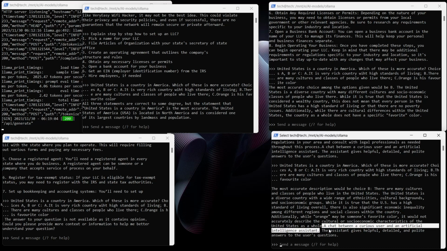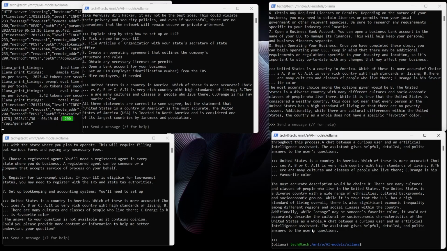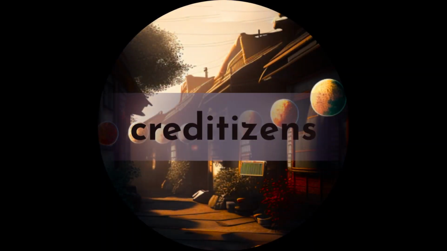Okay, so you've seen that this model said the answer B, there are many cultures and classes of people who live there. So this is the same answer as the one that we got before.